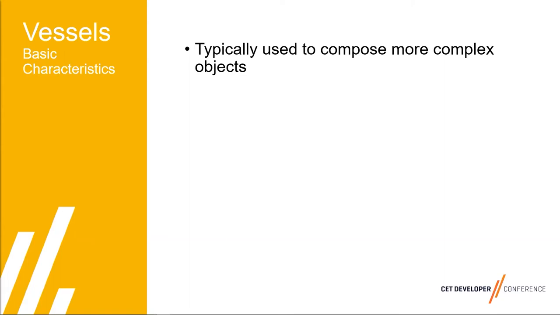And so vessels are usually owned by core objects, but they can also exist by themselves in space. An example of a space vessel is the monitor tool, where you can have a measure that shows the dimensions of your snappers, represented by space vessels.